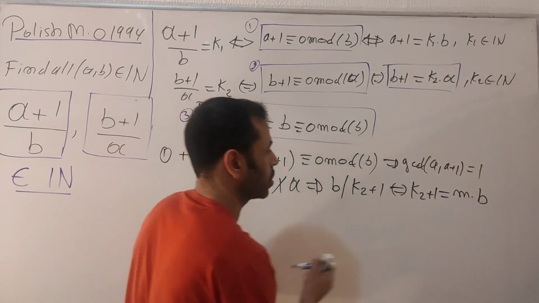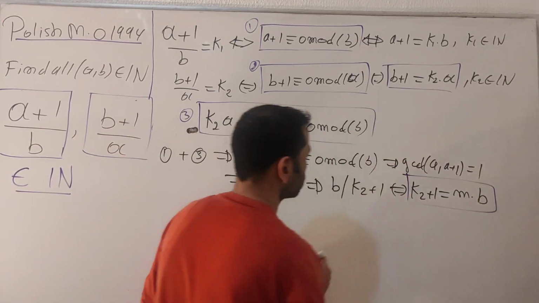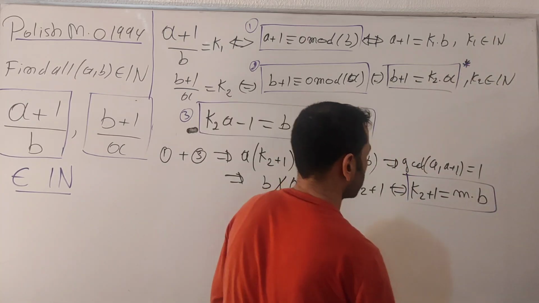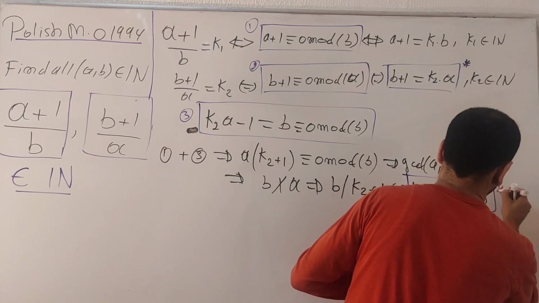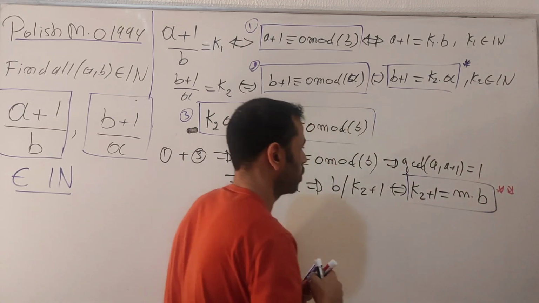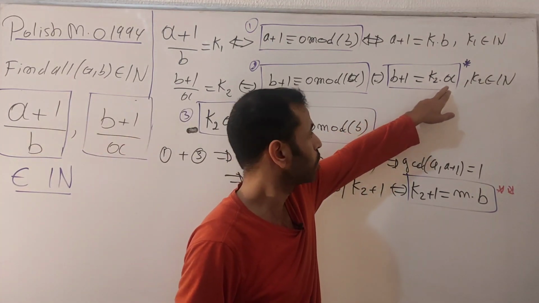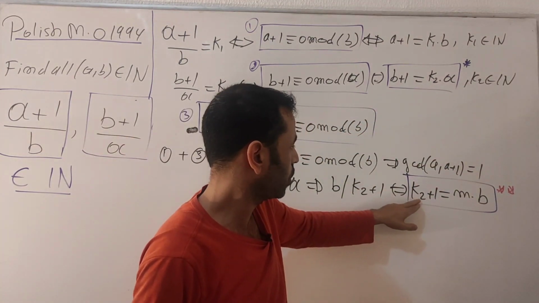So I have ended with this nice expression. Let's name this one the equation star, and also name this one double star. If you take a look carefully, we have K2 multiplied by A here, but only K2 in the star equation.